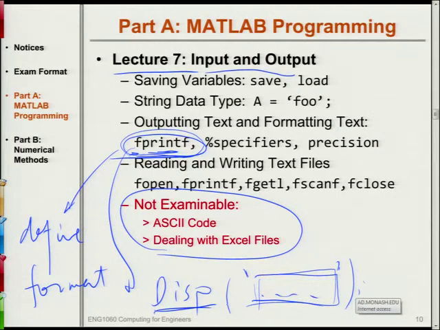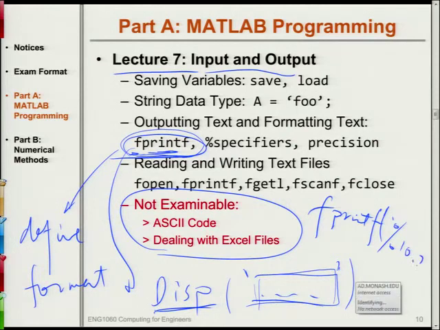For example, with fprintf you can print out with a width of 10 and 2 digits after the decimal point, two decimal places, %10.2f. So you print out 2 in 10 spaces. For example, this is 10 spaces. You print out 2 with 2 decimals.